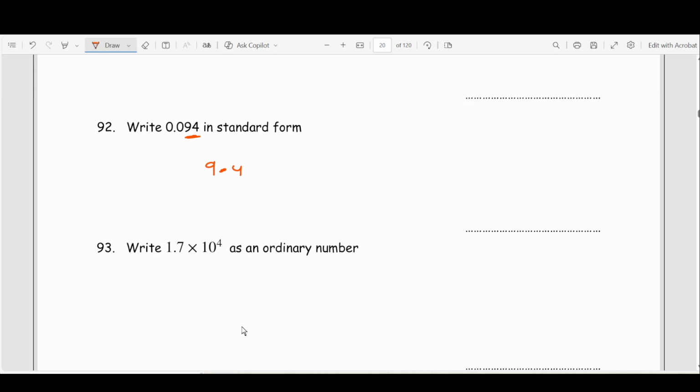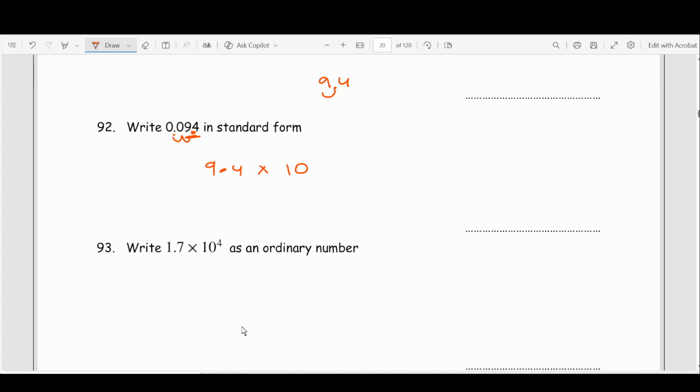To make it smaller than 10, if you have any non-zero number which has more than one digit, put the decimal after the first digit. Then you need to count the digits between the original position and the new decimal: 1 and 2.